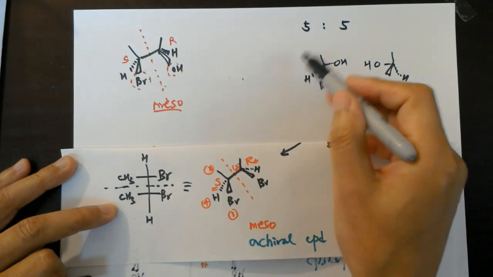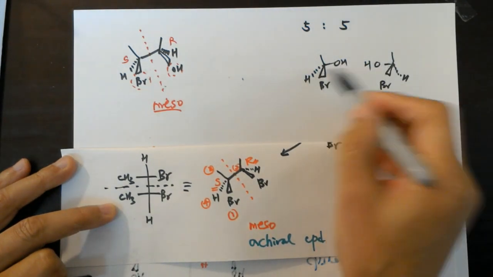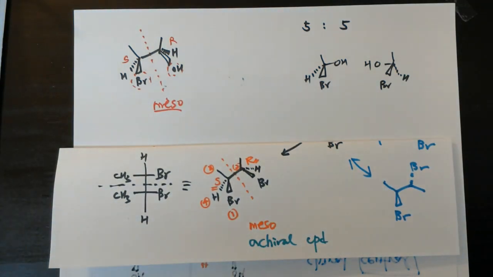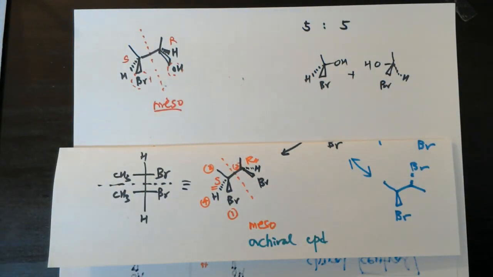Then this molecule is opposite to that with the same polarity, therefore each molecule turns the polarized light in the opposite direction, however by the same amount, therefore it will cancel. So the mixture of the two will not appear to be optically active, although individual molecules are optically active.